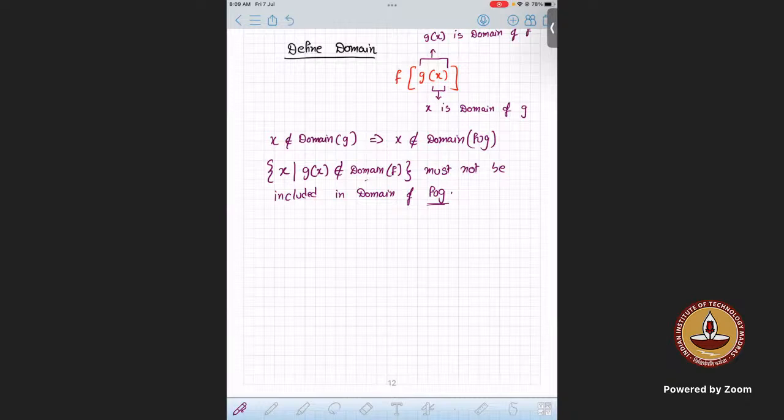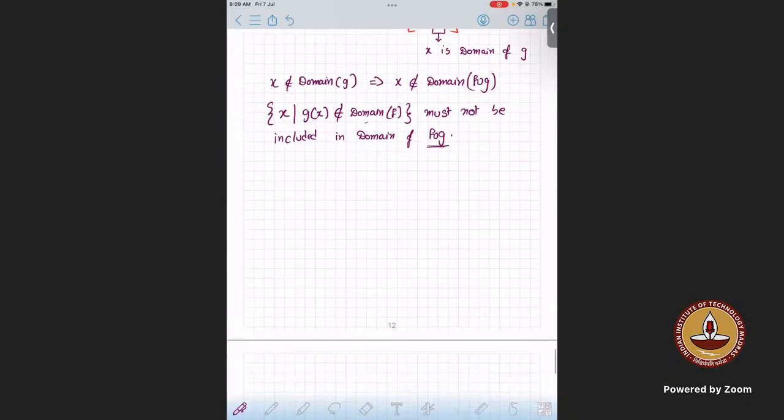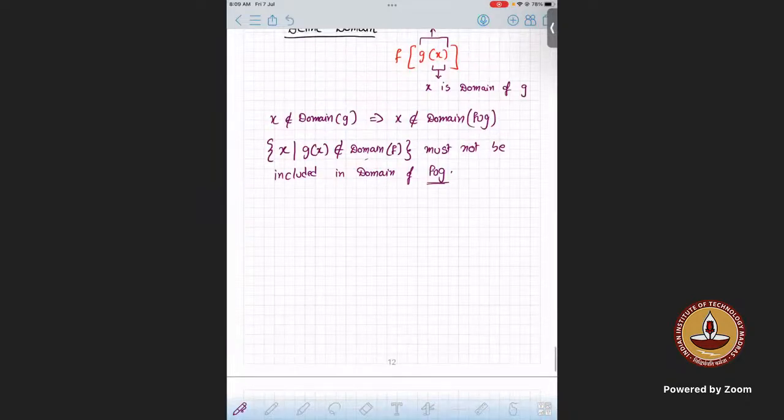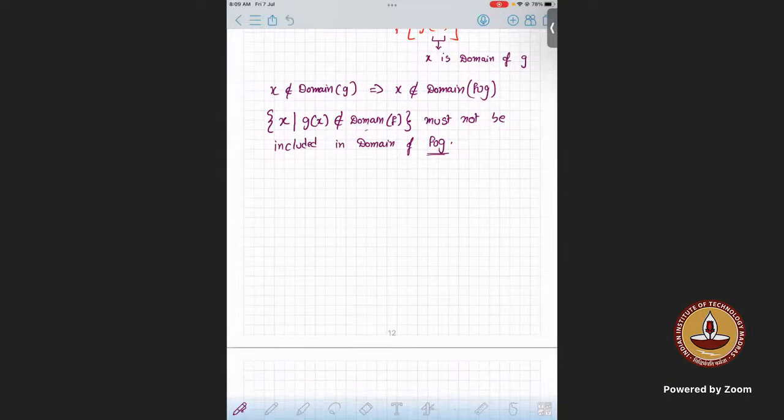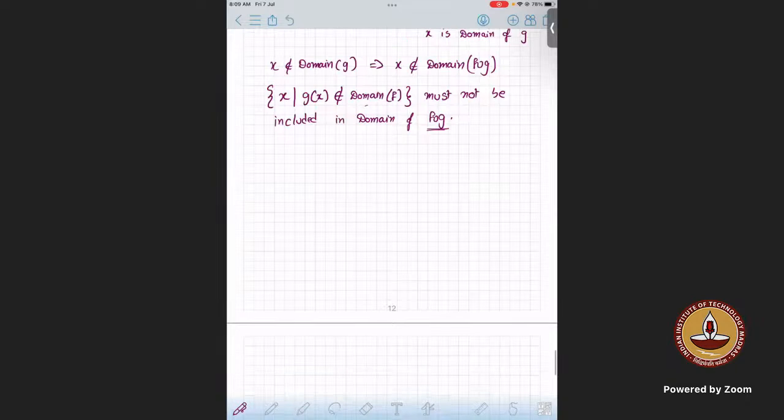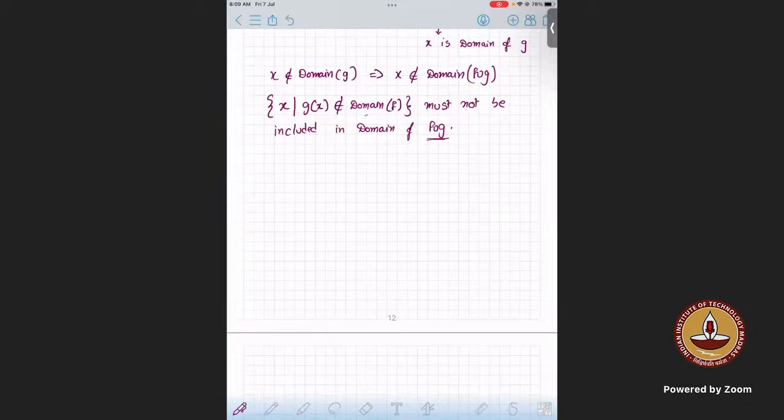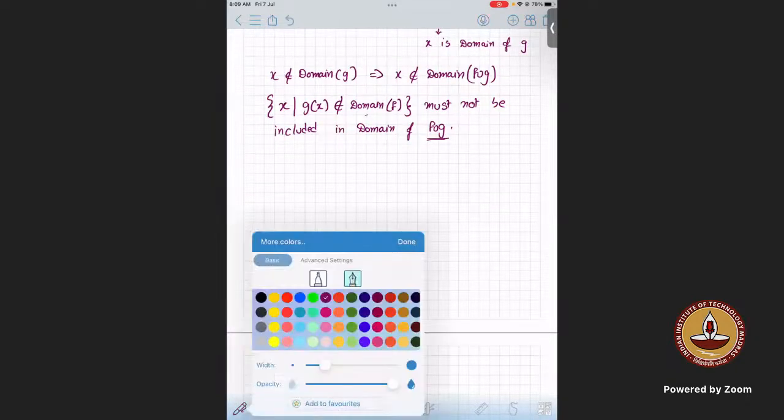For example, if g of x is e raised to the power x and f of x is log of x, then we combine them, the composition f of g. Don't worry, I will explain.